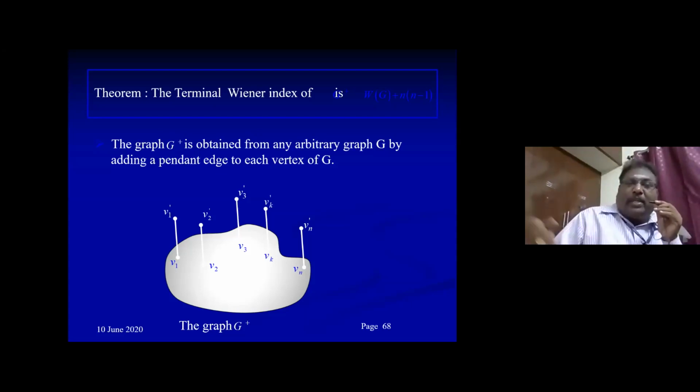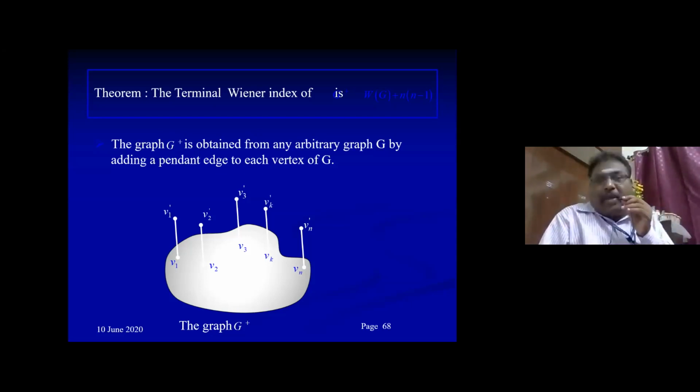That reaction is possible for me in the lab. If it is possible for all the carbon atoms, everywhere I remove one hydrogen atom and introduce a CH3, a methyl radical. In graph theory terminology, that is G to G plus: from G, an arbitrary graph, adding a pendant edge to each vertex gives me a graph G plus.